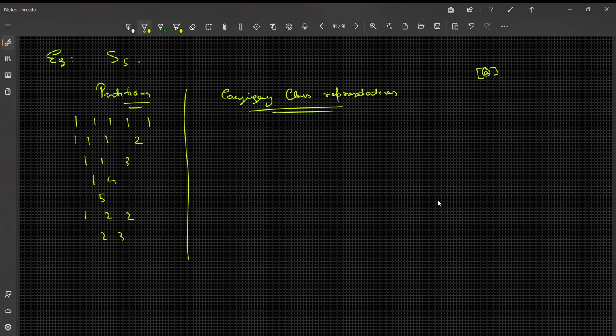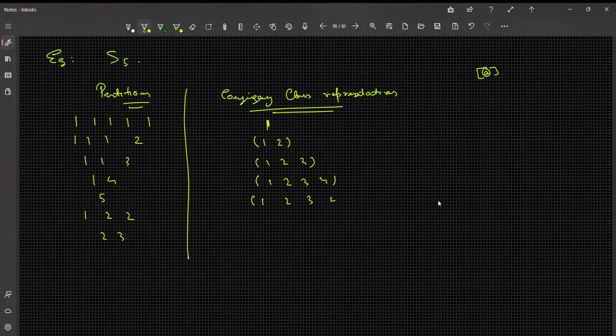The first thing we do is find the LCM of the elements in the partition. The LCM of the first one is 1, so the conjugacy class representative is 1. Here the LCM is 2, so the representative is a cycle of order 2. Here we have 3, so it's a cycle of order 3. Here it's 4, a cycle of order 4.